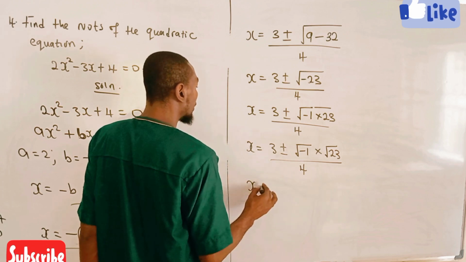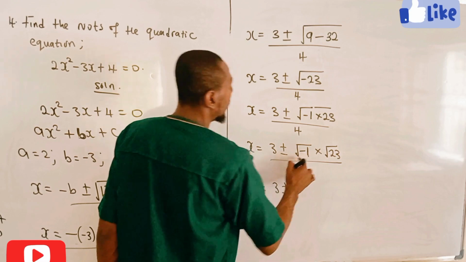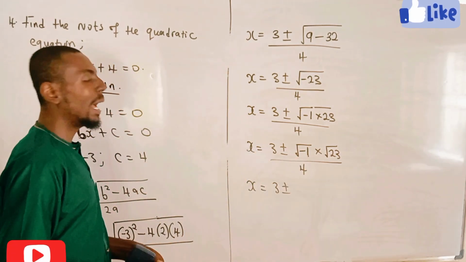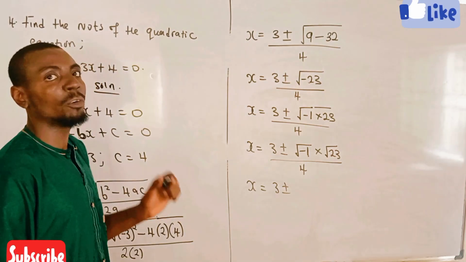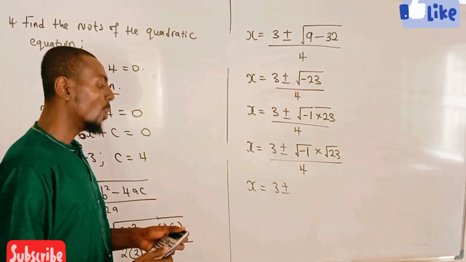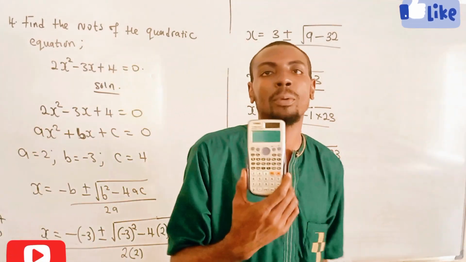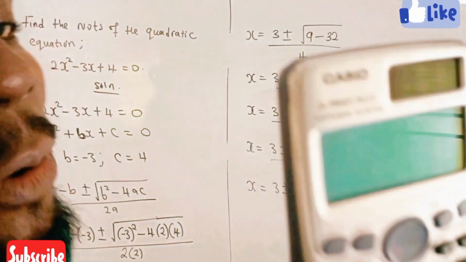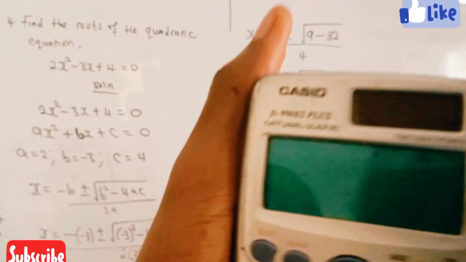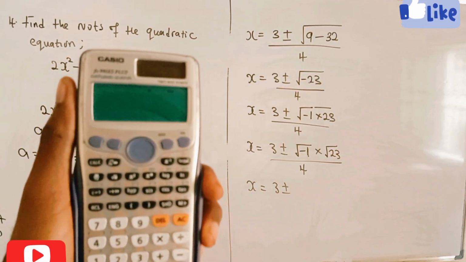Then according to complex numbers, the square root of minus 1 will be equal to i. That's the complex number i. The square root of minus 1 will give us i. All you just need to do, if you have this calculator, is pretty simple. Watching this calculator now, you see that we can actually get the square root of minus 1.